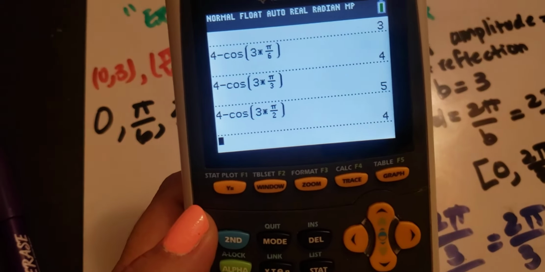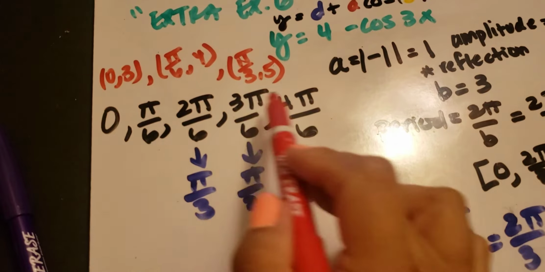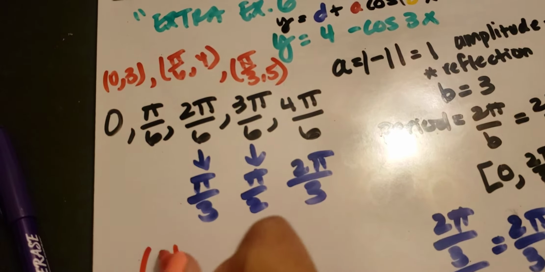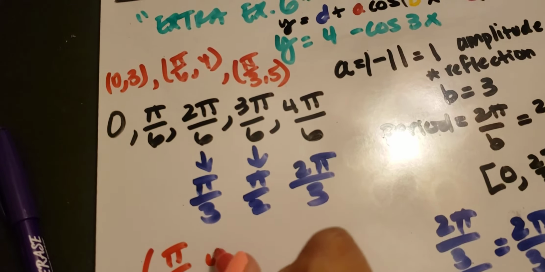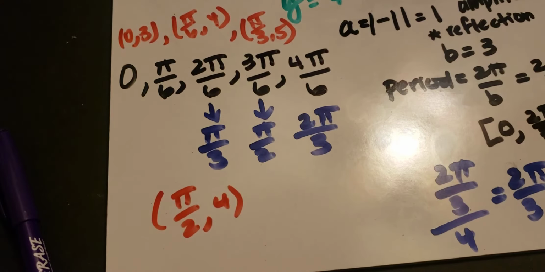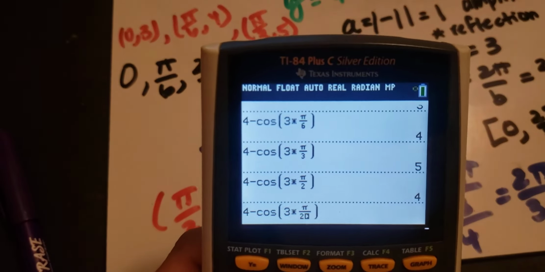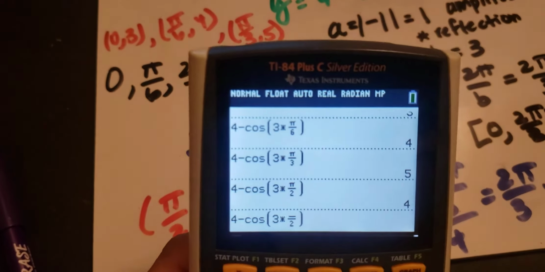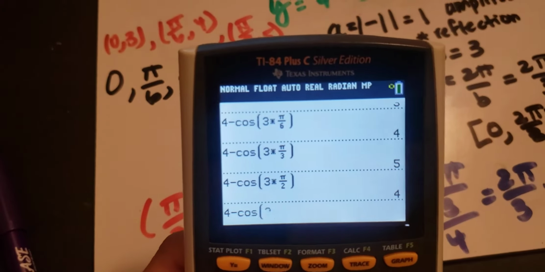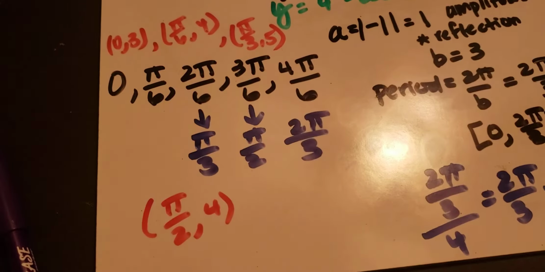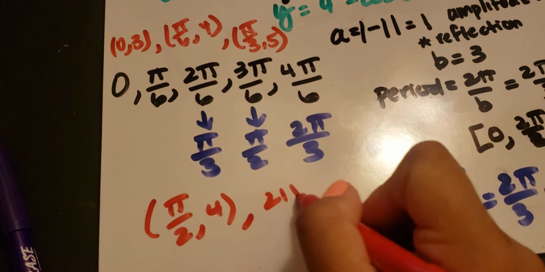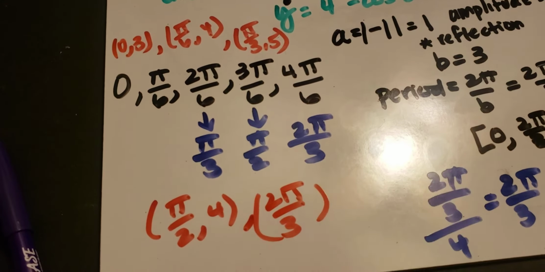So that'll be at 4. I ran out of room here, so I'm going to put it here. Pi over 2 and 4. And then the last one, 2 pi over 3, is going to be at 3.